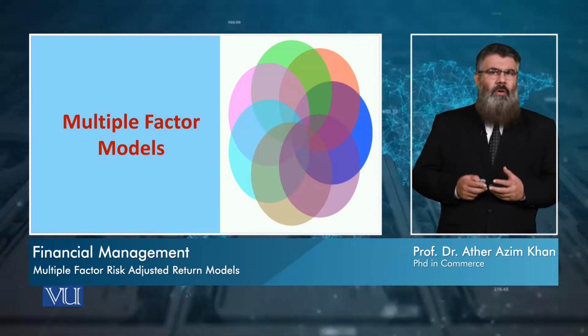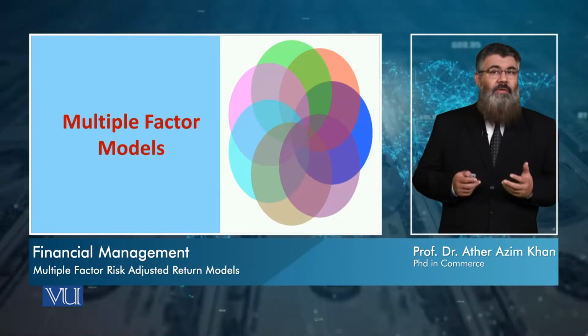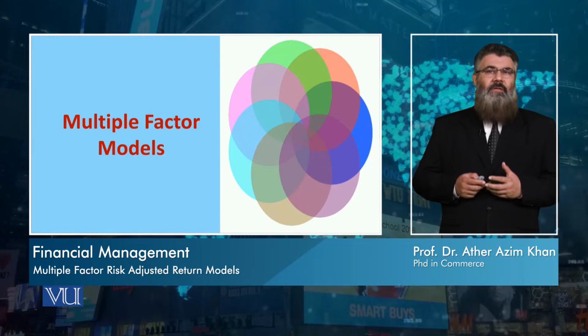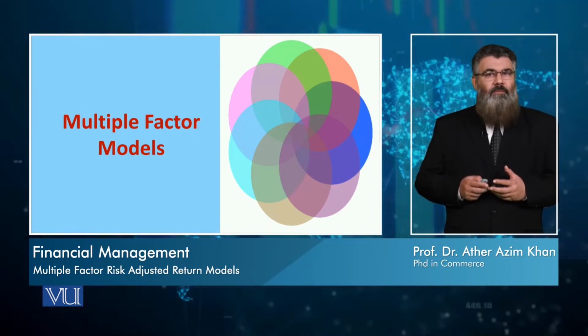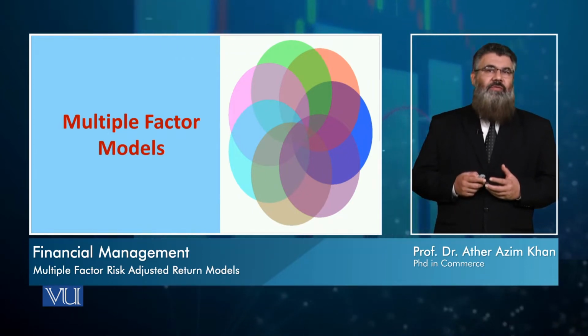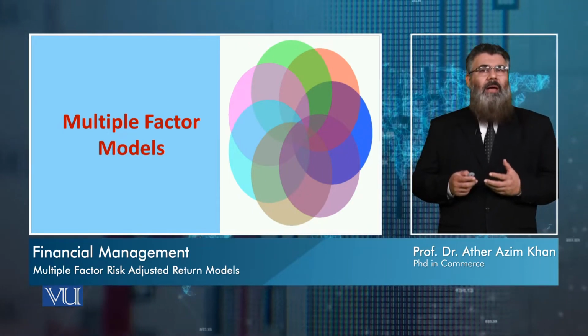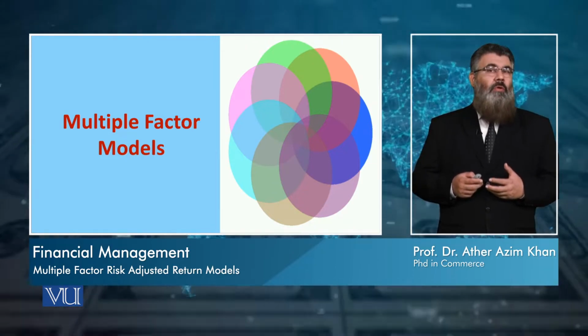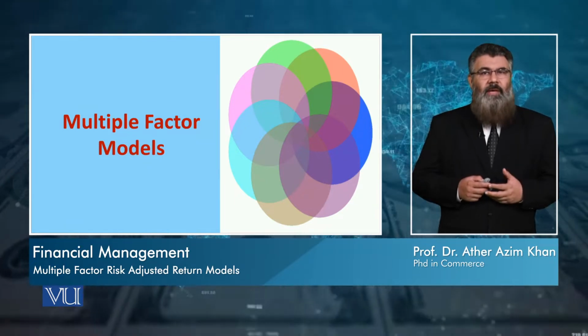And we saw that this is what the research actually proved, that adding the fourth factor of momentum provided a better explanation of risk-adjusted return. तो हमने कहा कि कारहार्ट के मॉडल ने फार्मा एंड फ्रेंच के थ्री-फैक्टर मॉडल को मजीद इम्प्रूव कर दिया.